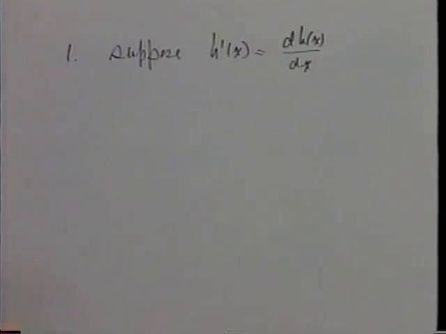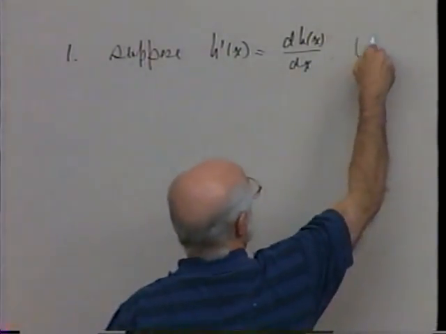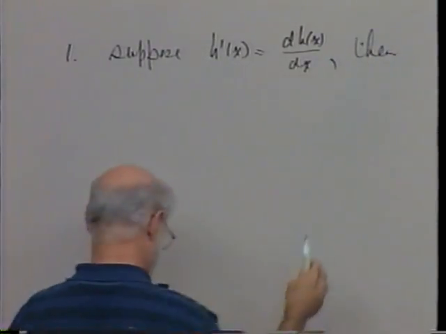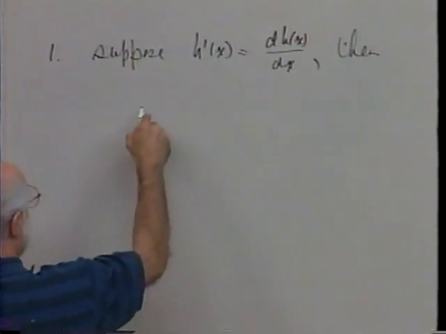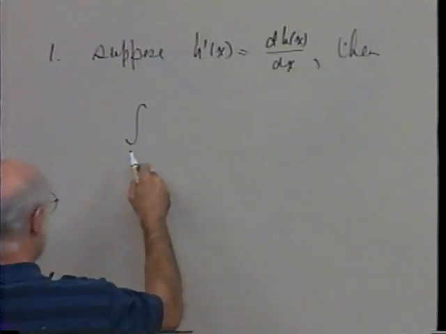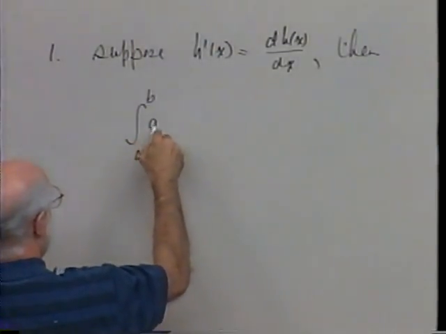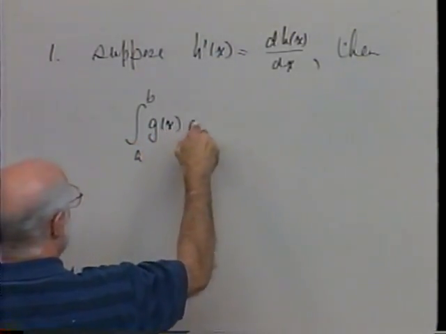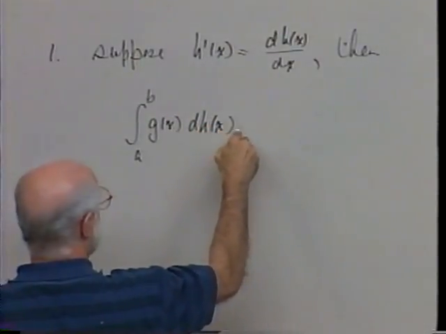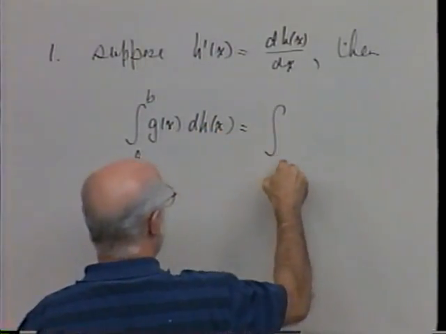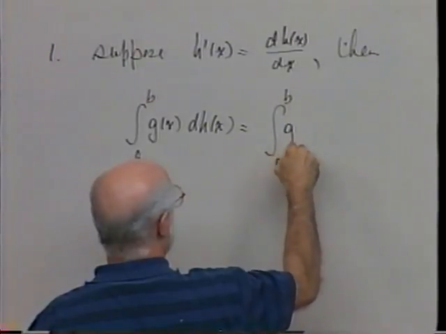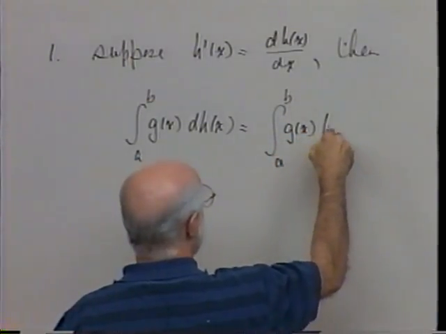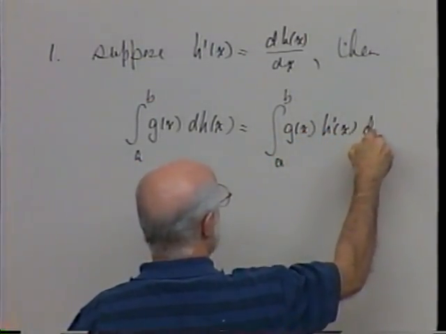Okay, then it turns out that the Riemann-Stieltjes integral from a to b of g with respect to h is equal to the ordinary Riemann integral of g times h prime dx.